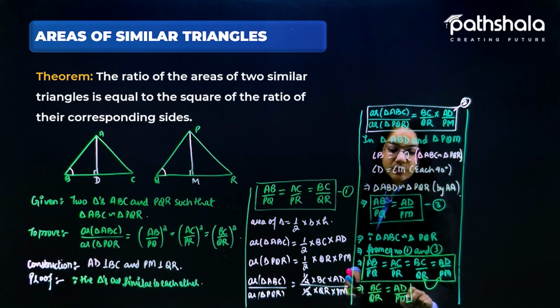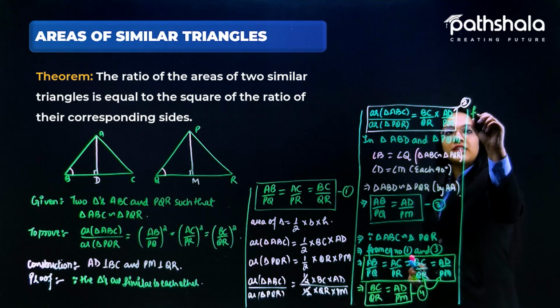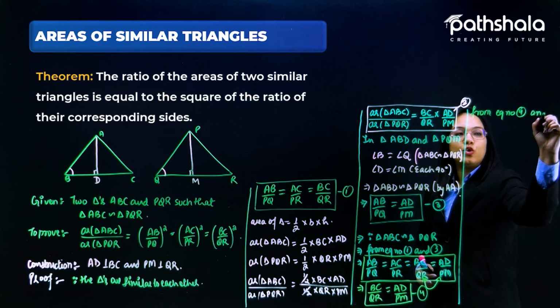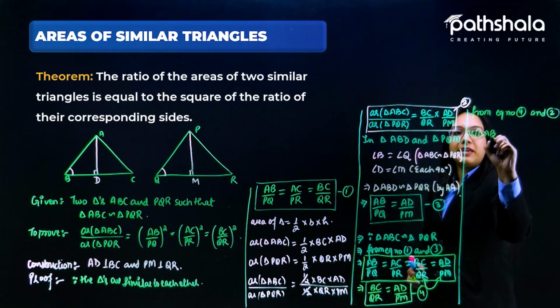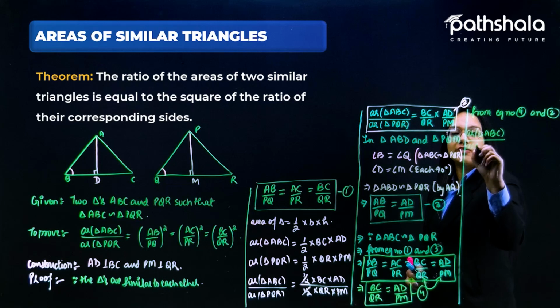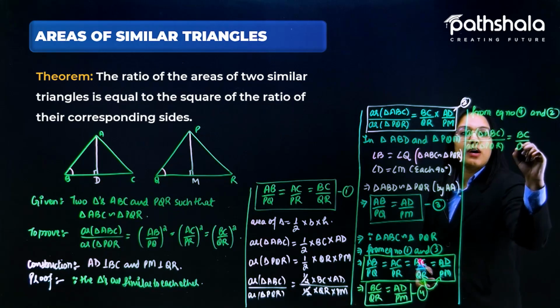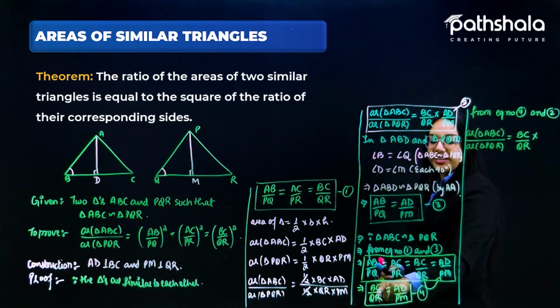We can use this ratio in equation number 2. From equations 4 and 2, the area of triangle ABC divided by the area of triangle PQR is equal to BC by QR into, in place of AD by PM, BC by QR.